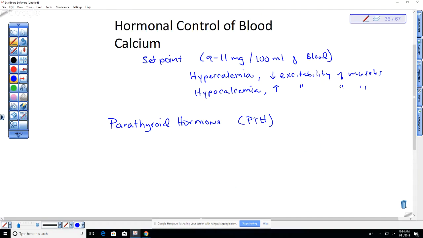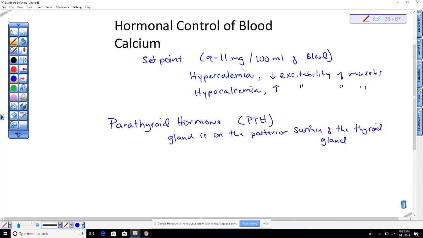So it's actually on the posterior surface of the thyroid gland, on the backside, dorsal. And it is just little pockets of glandular tissue. So your thyroid gland is in your neck region, and so towards your vertebrae would be where the parathyroid glands are.